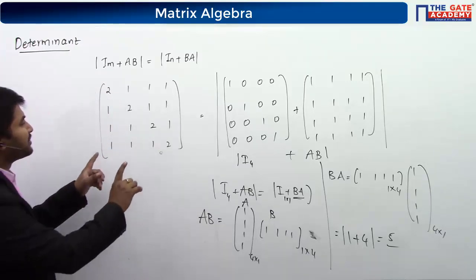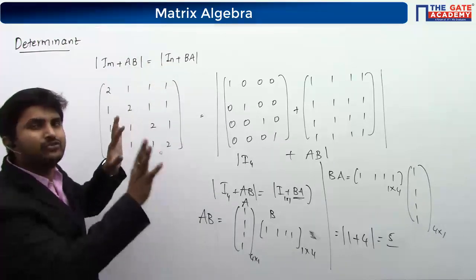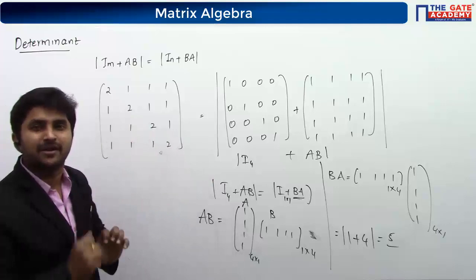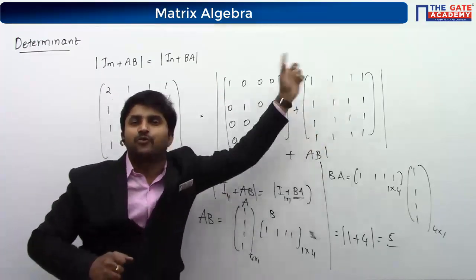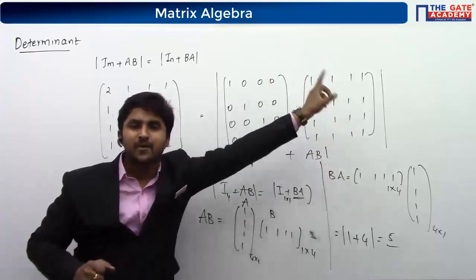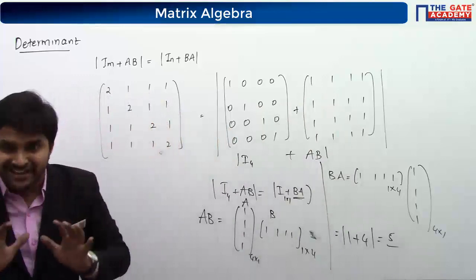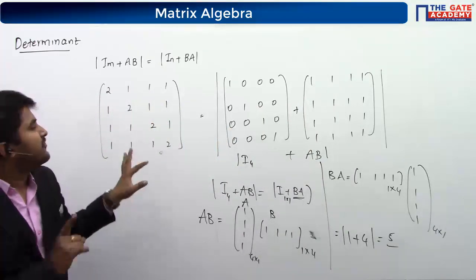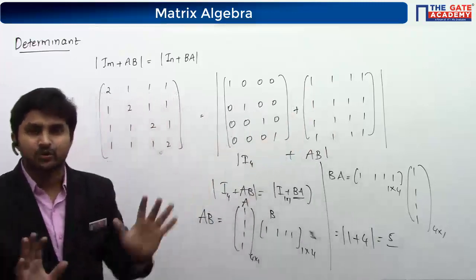Now what I'm doing, I'm trying to write just like the way he has asked in the question. He told we have to write it in the form of I plus AB. So AB is going to be a 4 cross 4 matrix, isn't it? AB is going to be a 4 cross 4 matrix, 1, 1, 1, 1. Is there any other possibility of writing it? If I want to split it into identity matrix plus another matrix, this is the result I'm going to get, yes or no?